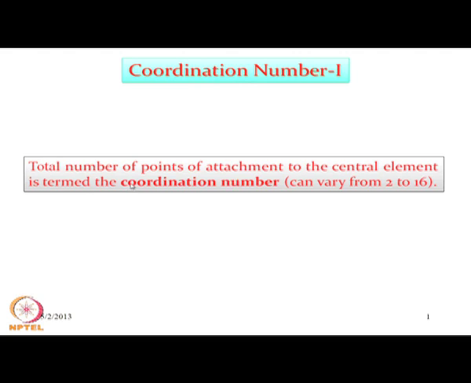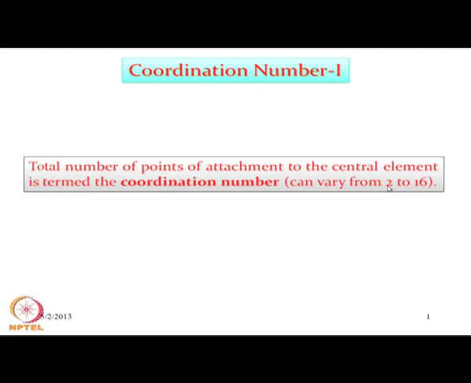Similarly, the total number of oxygen atoms attached to the manganese center in the permanganate anion is also known as the coordination number of the manganese center in permanganate anion.